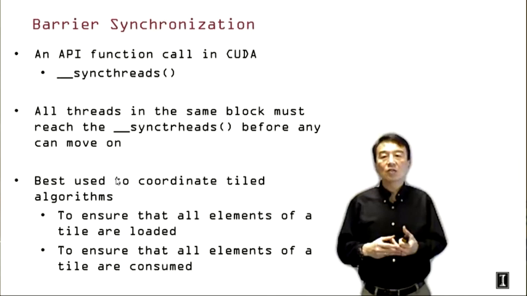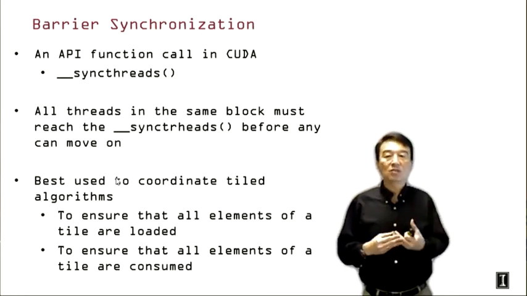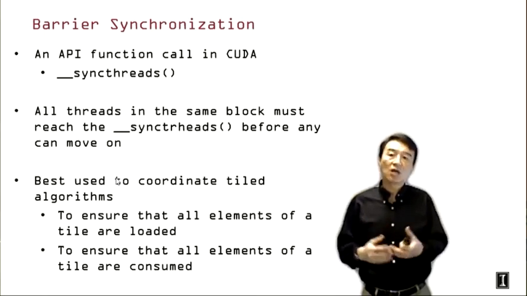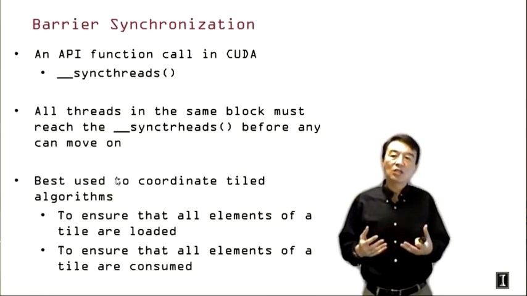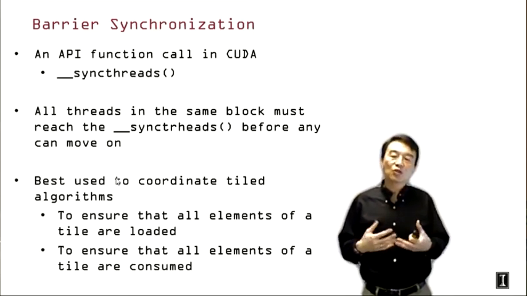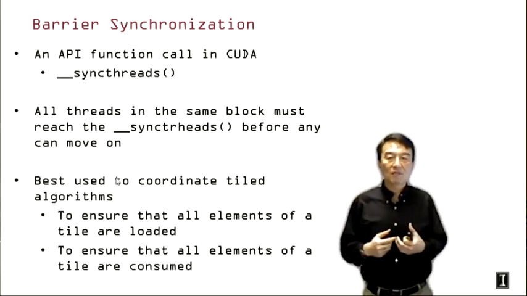Barrier synchronization is a very important primitive for parallel computing for exactly the reason that I have just discussed. And in real life, barrier synchronization is also very frequently used. For example, you can imagine if 4 roommates in a dorm want to go shopping. So they take the same car to the shopping mall.